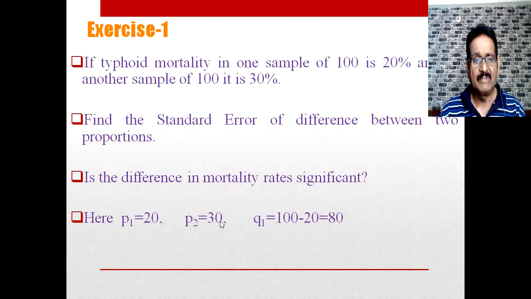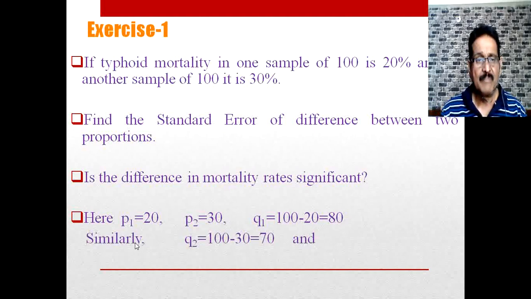So P1 is 20%, P2 is 30%, Q1 is 80%, and Q2 is 70%. These are the values we have to calculate. The sample size for both the groups, 100, is given here.